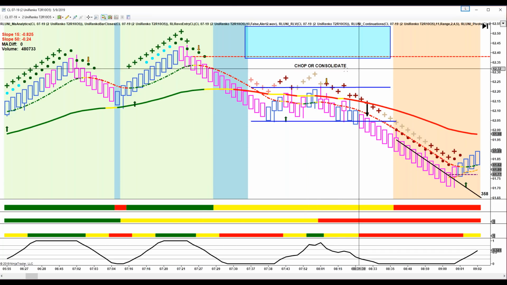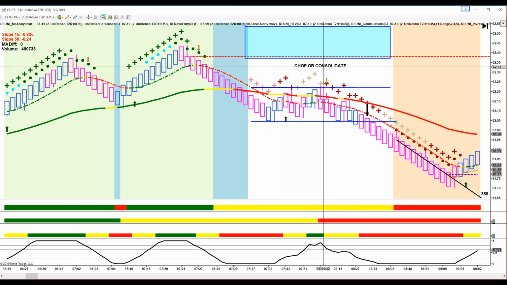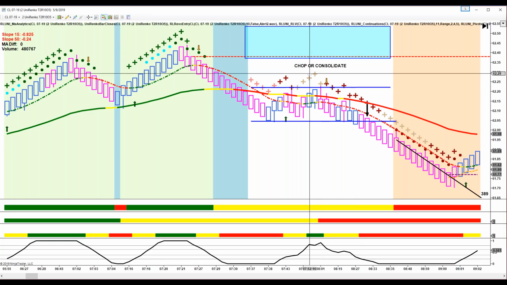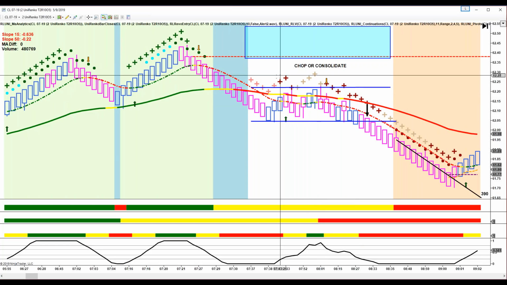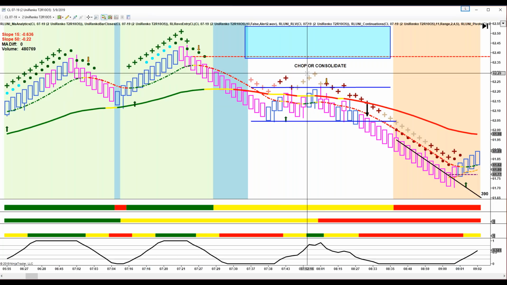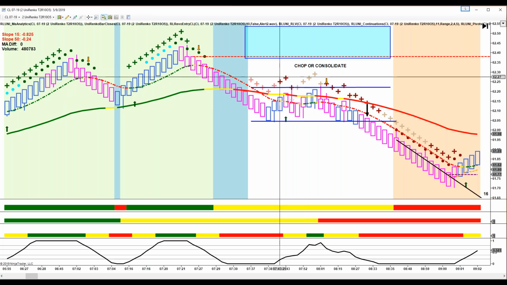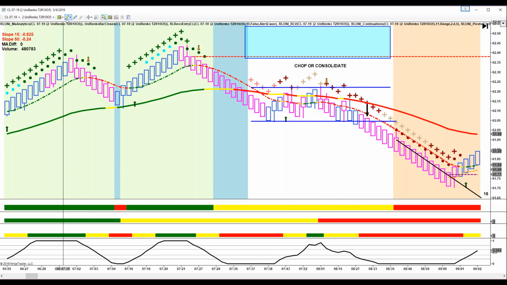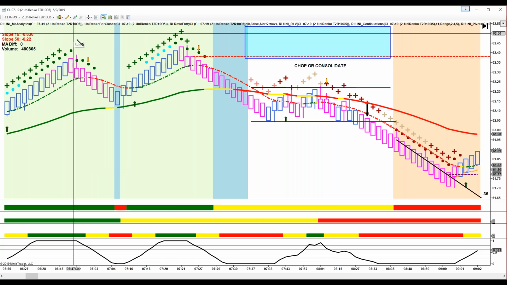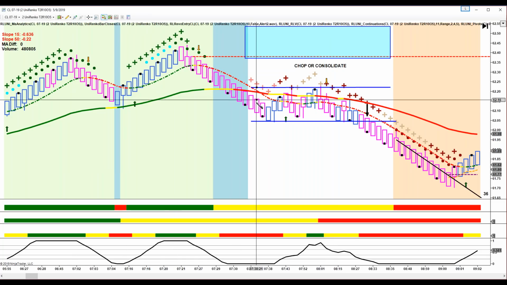Now, if I asked you to tell me what's the difference between chop or consolidation, it's really definition based, because in either case, within the period of chop or consolidation, you're catching traders in both directions. And it really has to do with how much room you want to give the channel.